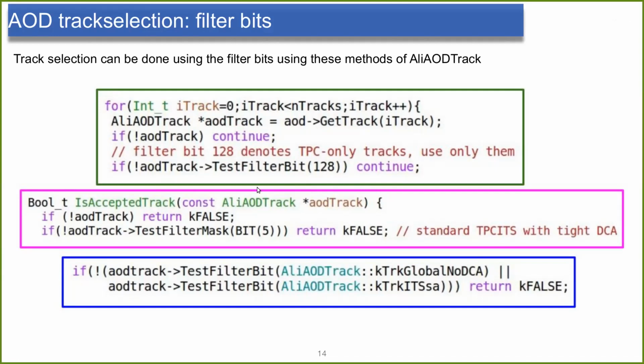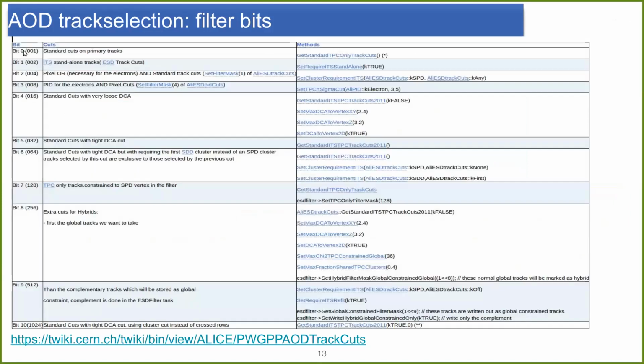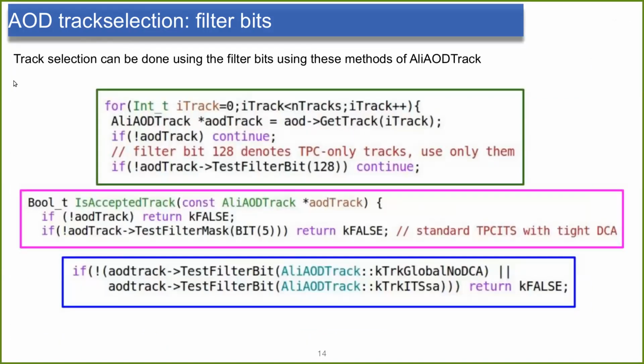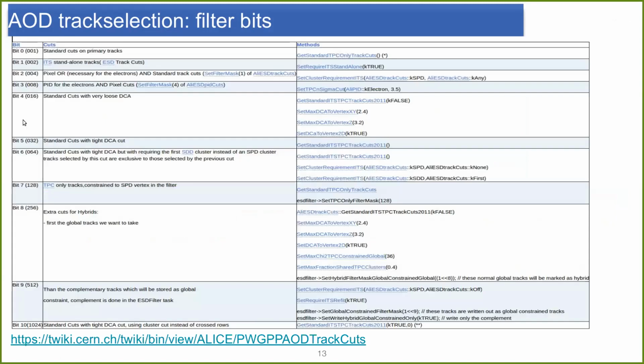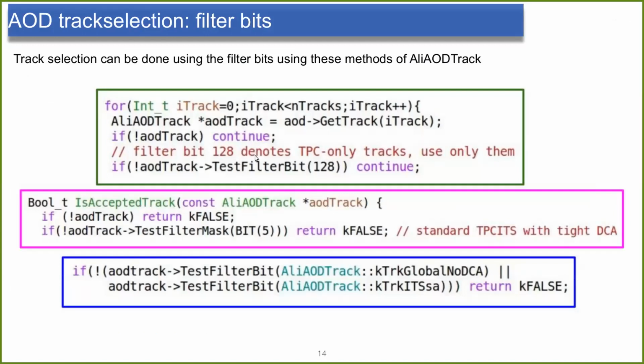Now one can also do it by calling the test filter bit mask, but not calling the test filter bit. So what is the test filter bit mask? This bit 0, bit 1, bit 2 is basically your test filter bit mask, and in the bracket these numbers are your filter bits. So one needs to be careful when applying this cut. You can also just call this filter bit mask and put the corresponding bit number of a filter bit cut.